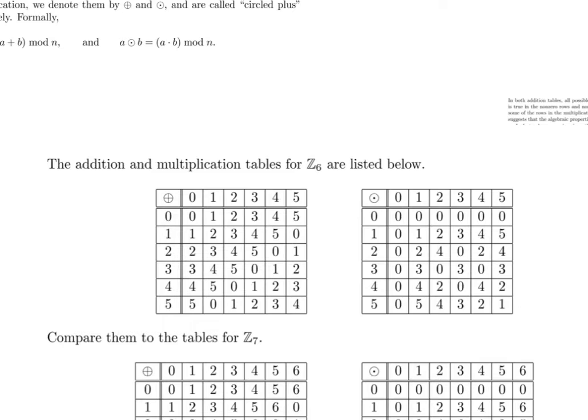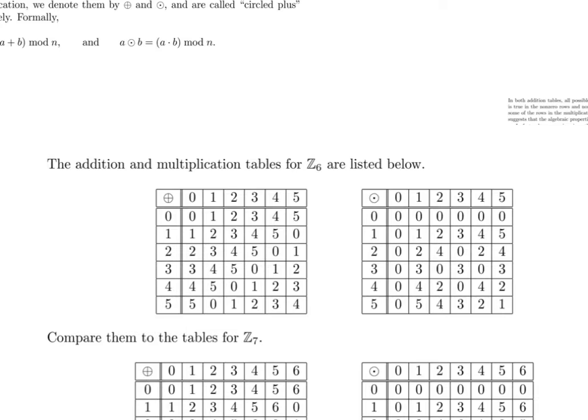But what other places do we see zeros? We see 0 here, here, here, and here. That's kind of crazy. 3 times 2 is 0 in the mod 6 world. Why is that? Well, 3 times 2 is 6, and 6 mod 6 is 0, right? Similarly, 4 times 3 is 12, and 12 mod 6 is 0.